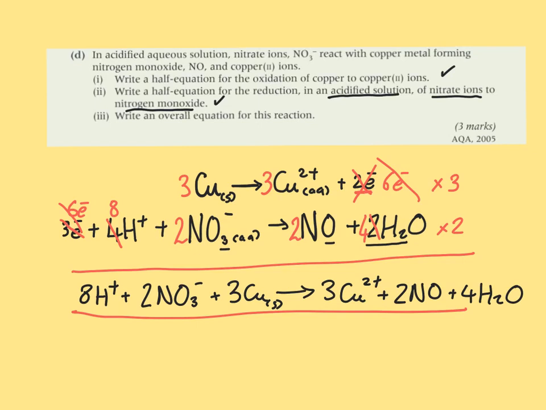Let's check our charges. On this side the overall charge is +8 minus 2, which is +6, and on this side the overall charge 3 times +2 is also +6. We're balanced for atoms, we're balanced for charge, and we've written an overall equation for the reaction.